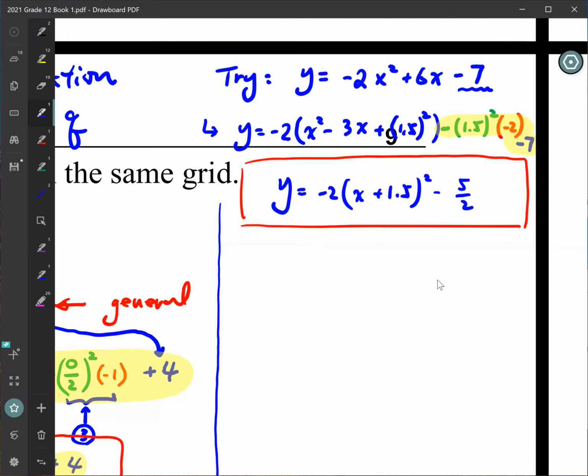Can anyone see any mistake here? Angela? Do you have exactly the same? I'm not sure, but I got -11.25 instead of 5/2. Okay, negative 11.25.